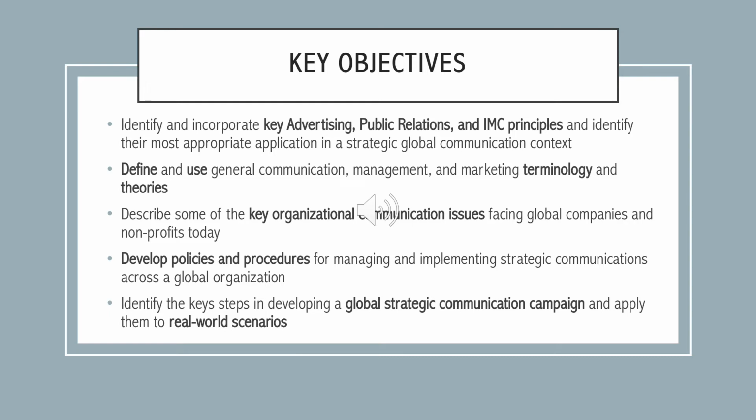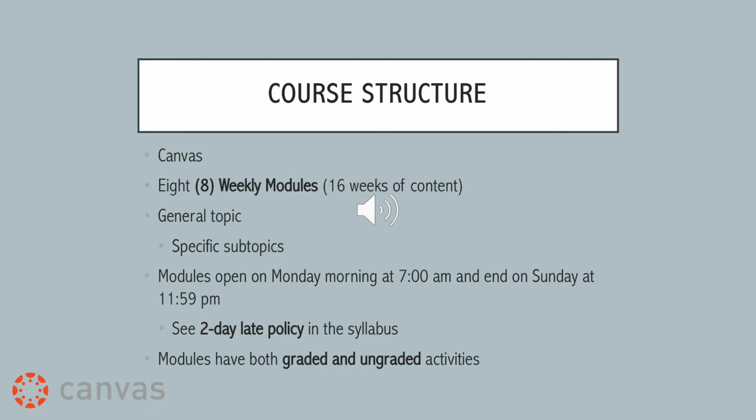And stemming from that, you'll be able to develop policies and procedures for managing and implementing strategic communications across a global organization, as well as identify the key steps in developing a global strategic communication campaign and apply them to real-world scenarios.